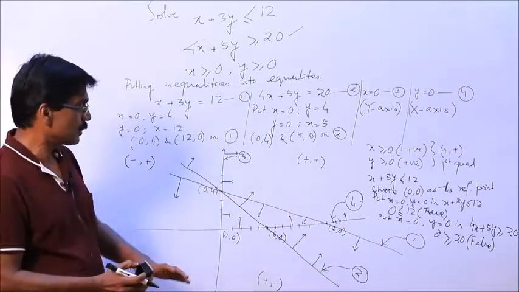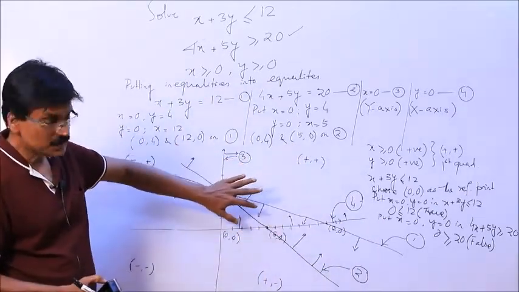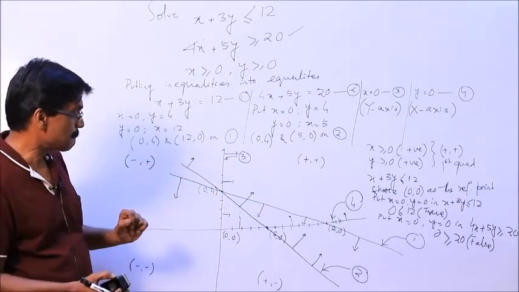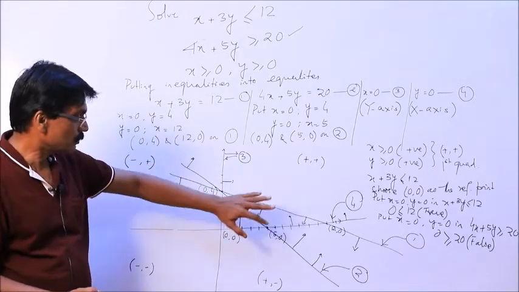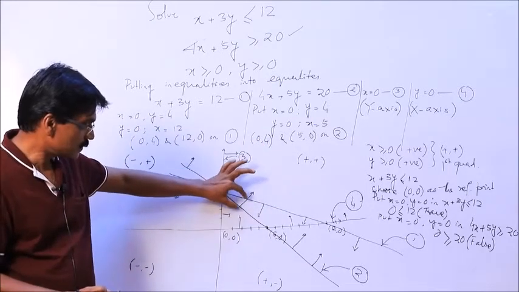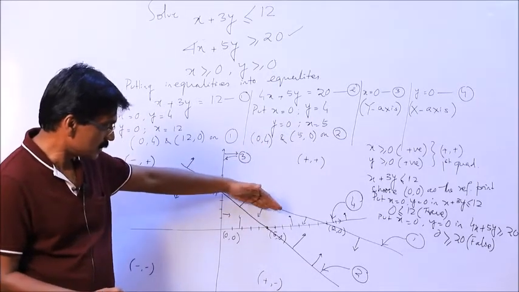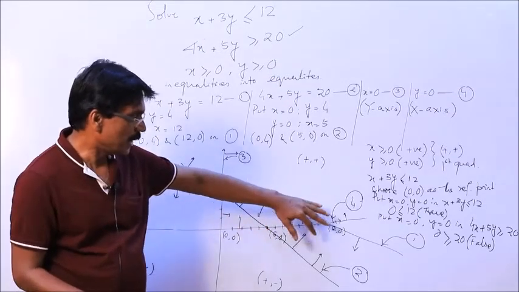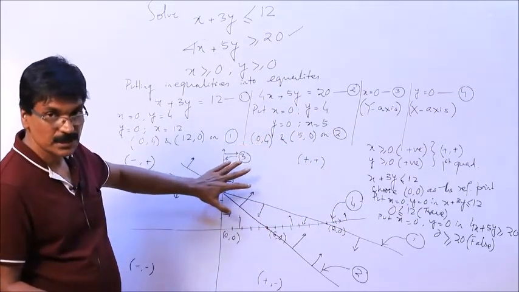So, we consider all those things combined together. So, what is the common region? Out of all these regions, this part is your common region because this is towards the origin, away from the origin, and in the first quadrant.